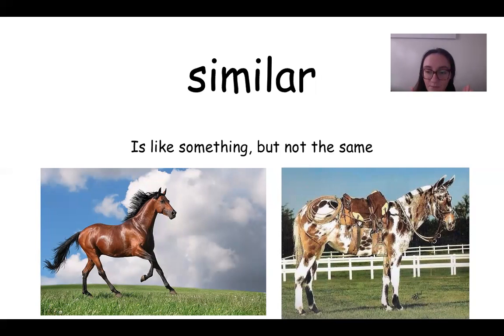So the example I have is a horse is similar to a mule, right? A mule is a mix between a donkey and a horse, right? So a horse and a mule seem like the same thing, but they are not the same. They are similar, but not the same.